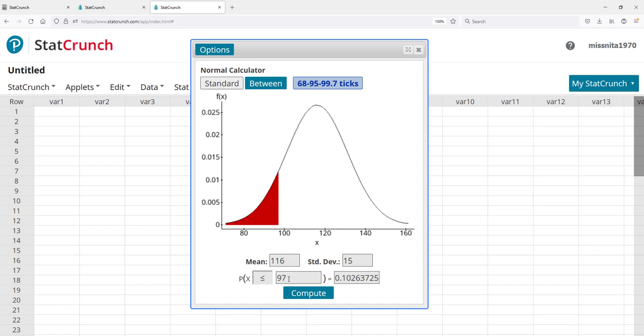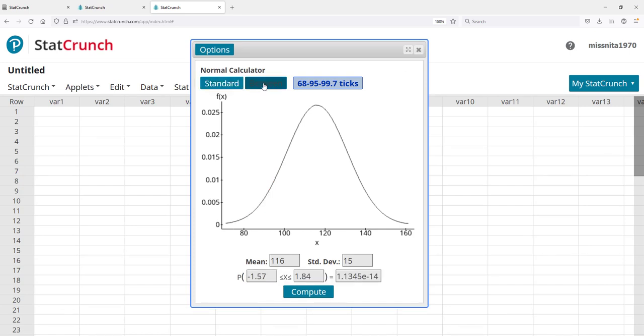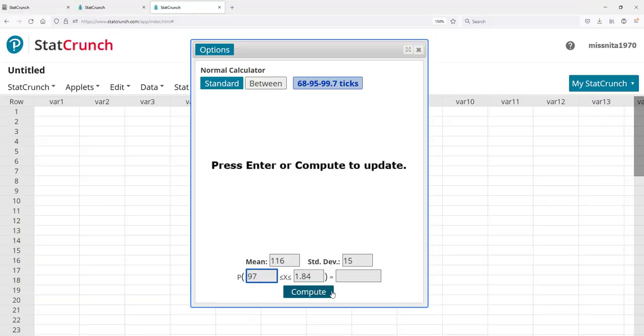And we want to go to the between one. So click on this. And this time we want, let's see, we want 97 and 129. Hit compute.